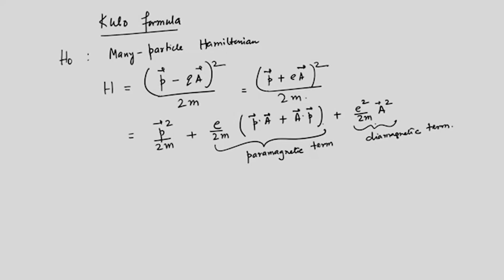This is of course the unperturbed problem, which is solved in the sense that we know that H0 acting on some wave function psi m will give you E m psi m, and that problem is known.